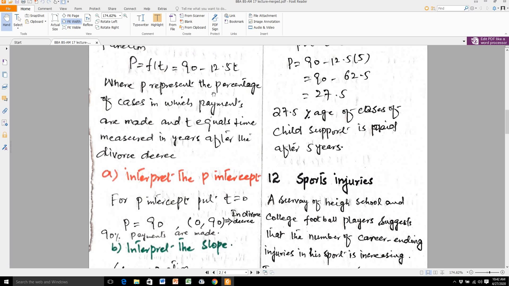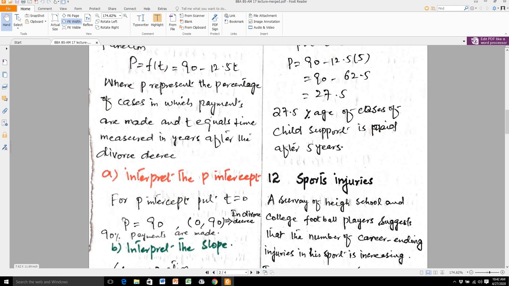How can you find the p-intercept? If you want to find the p-intercept, you substitute t is equal to 0. You have to substitute the other variable equal to 0. So we put t is equal to 0 here, and P is equal to 90.